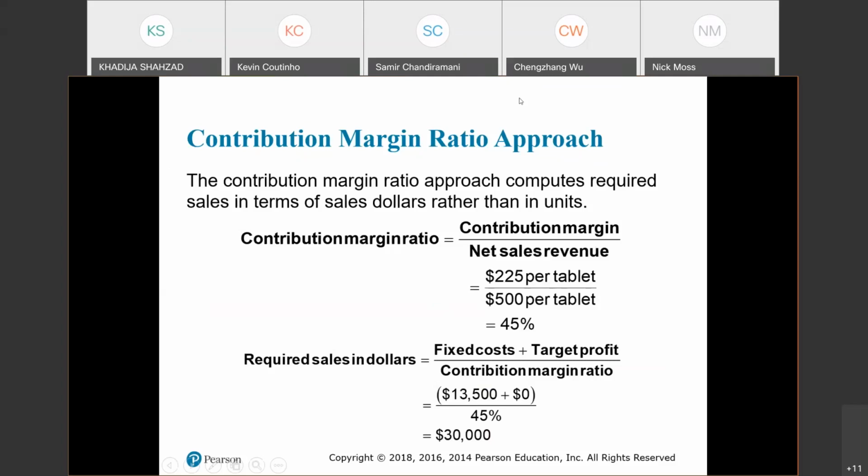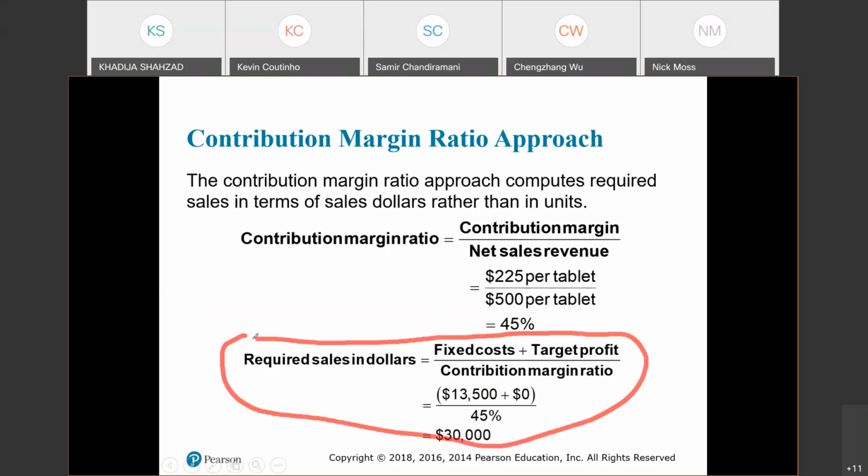And in the next equation, we replace the denominator from contribution margin to contribution margin ratio. So we use fixed cost plus target profit, which is $0, divided by 45%. We can get $30,000.